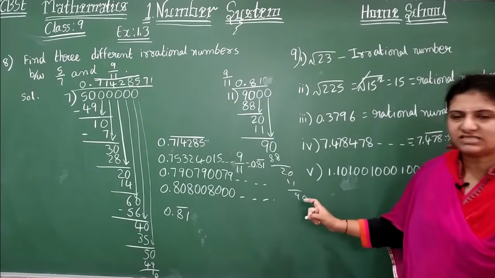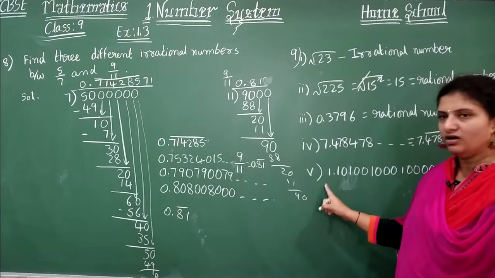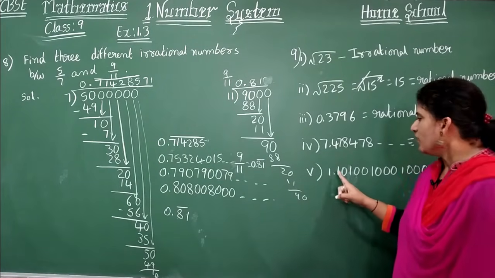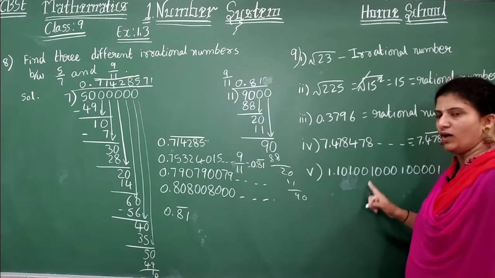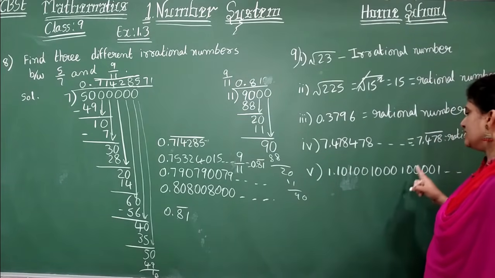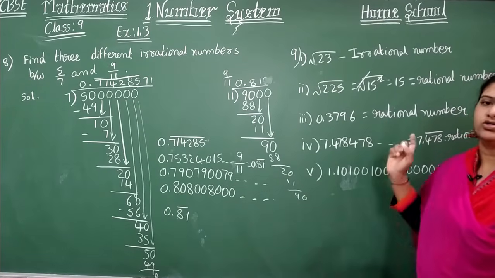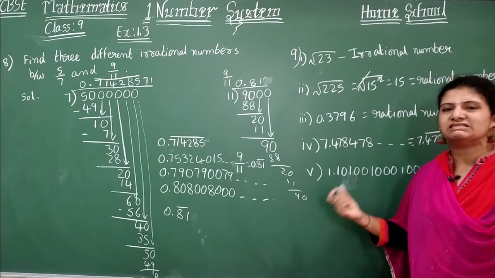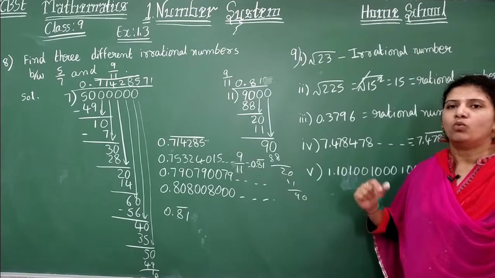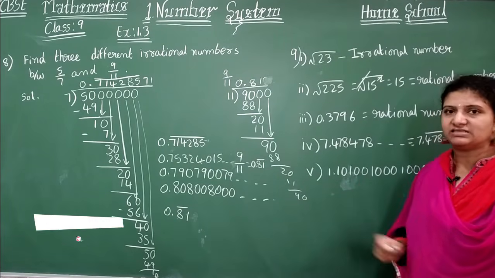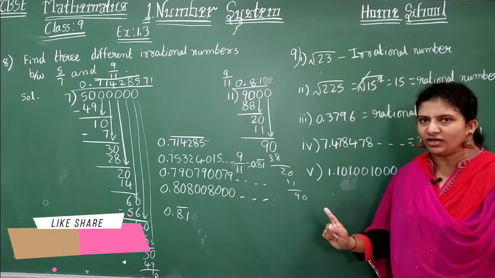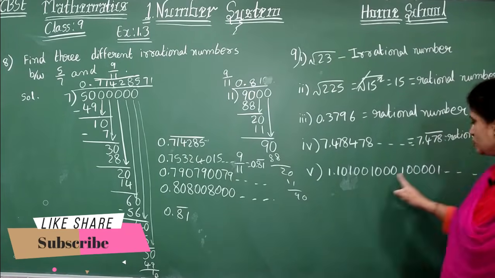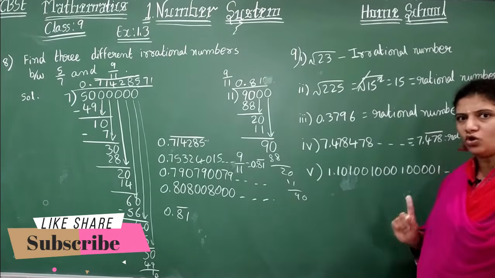Coming to your last and final sub question here. Observe here carefully. 1.1001000100001 and so on. What is this decimal, children? What type of decimal it is? It is non-terminating. Non-terminating means what? There is no end. Can you see? There is no end.